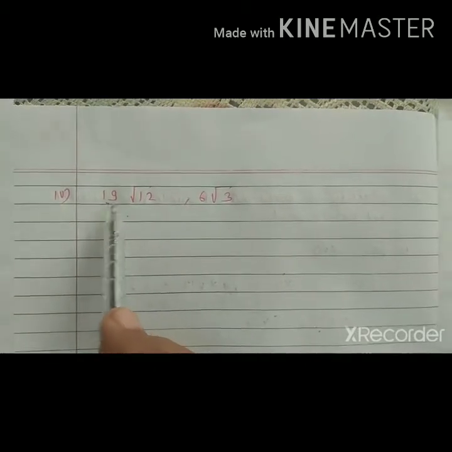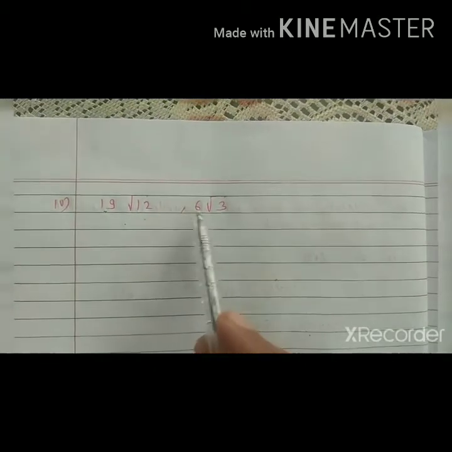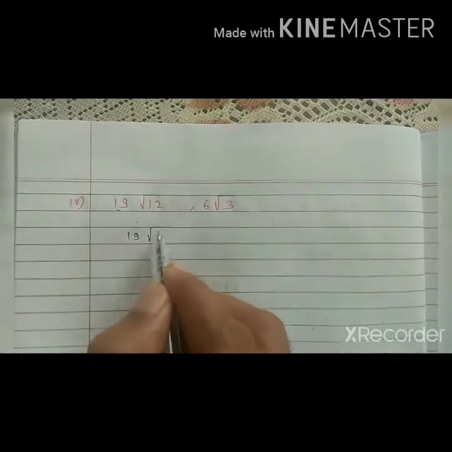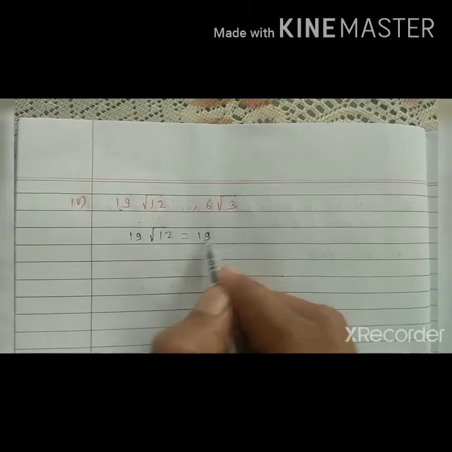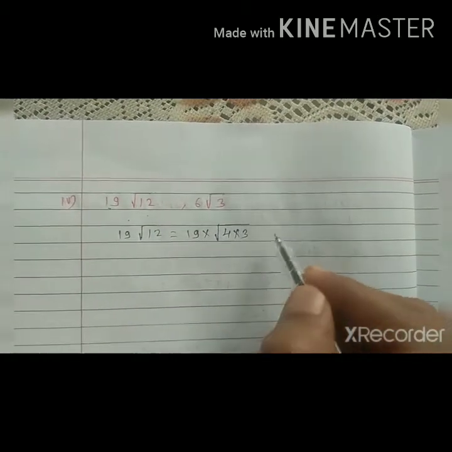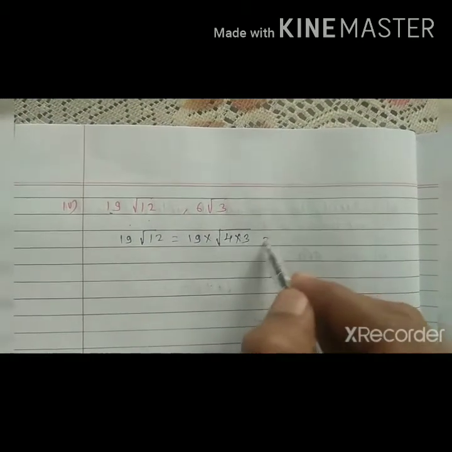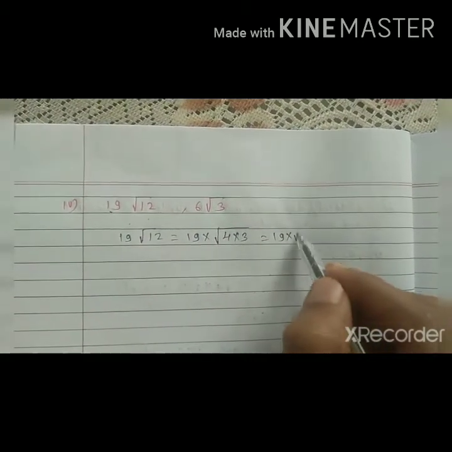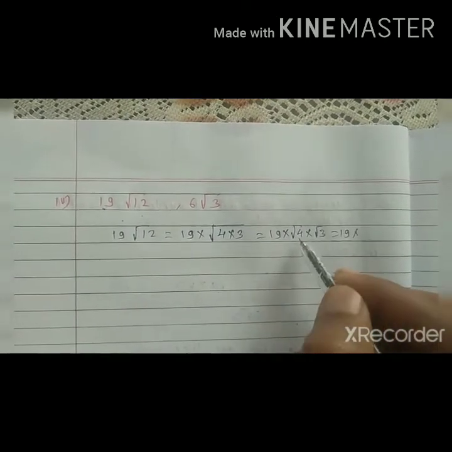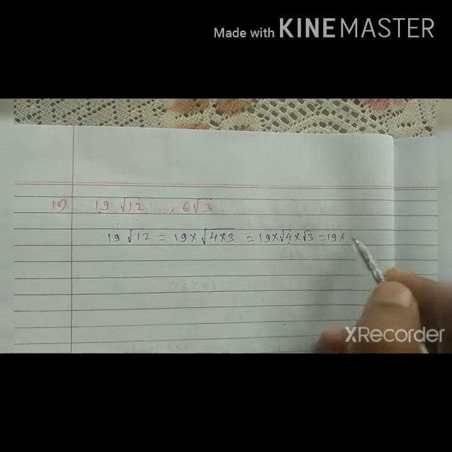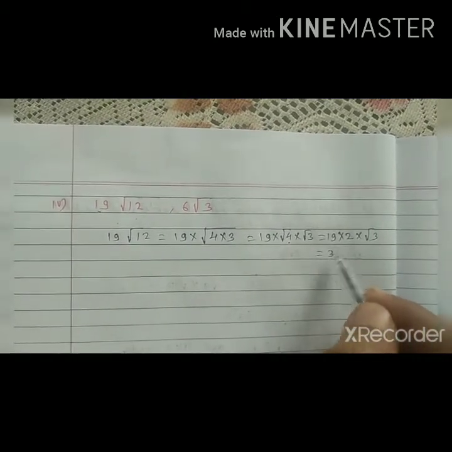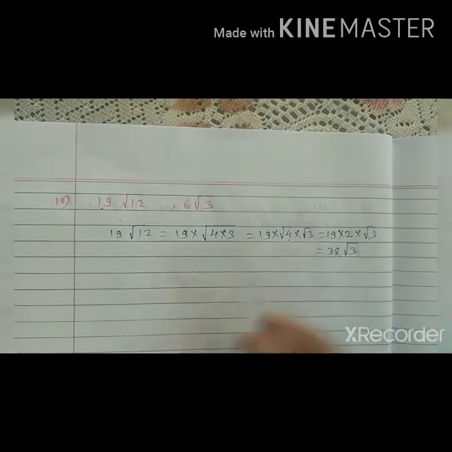Fourth is 19 root 12 comma 6 root 3. So first 19 root 12 is equal to 19 into 12 means what? 4 into 3. So 19 into square root 4 into square root 3. So 19 square root 4 means 2 into root 3 is equal to 38 root 3.